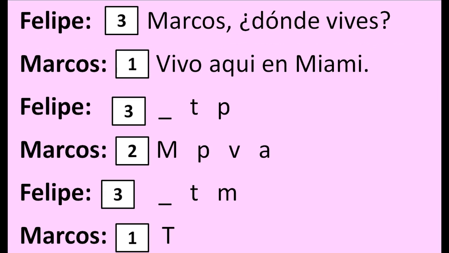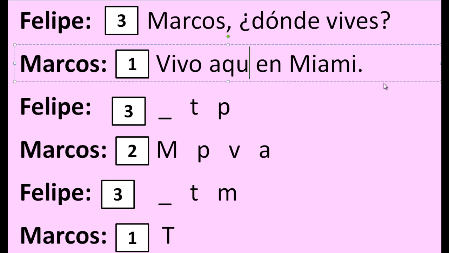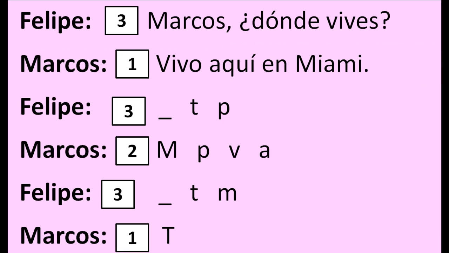Now, there is one punctuation mark. Where does it go? You got it figured out? It goes right here. And I'm going to hold my Alt key down and hit 161 and let up. And there we go. Vivo aquí en Miami.